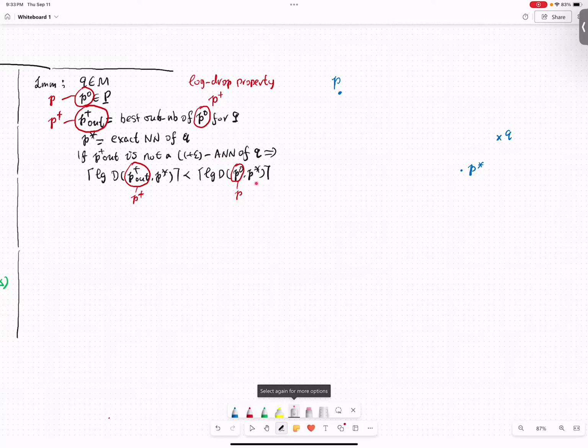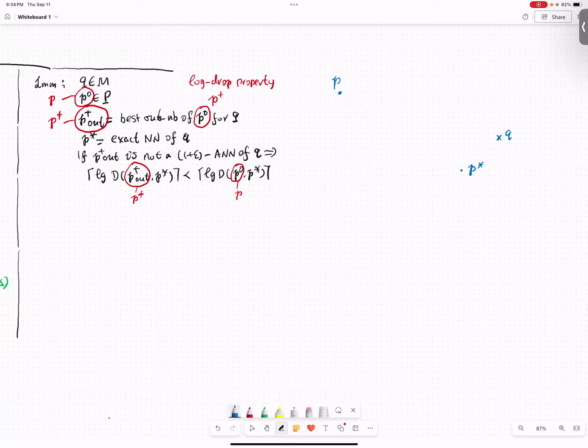What I really want to show is this relationship, this inequality here. Now pay attention to the ceilings here. We will unfold this bit by bit. This is the log drop property, a very important property because I have already explained that it guarantees that the proximity graph is query efficient.